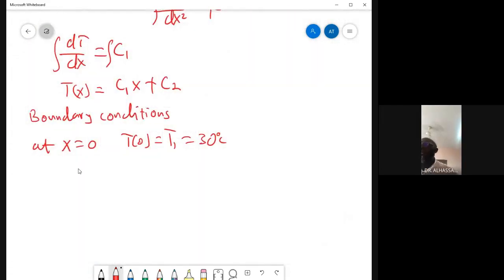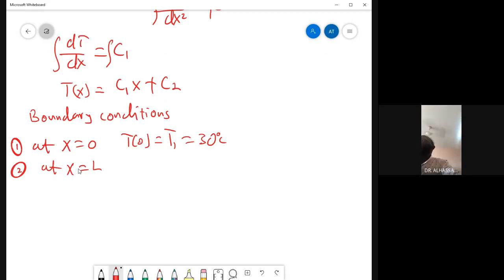So x equals 0, and then we have T1 equals this. If we go by this first boundary condition, another boundary condition is at x equals L.